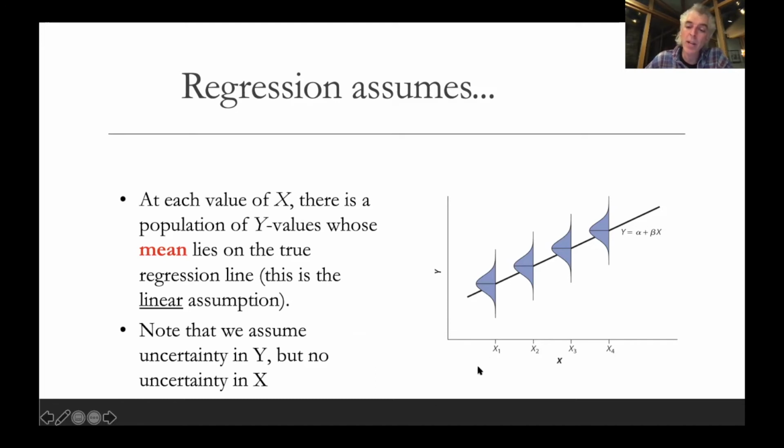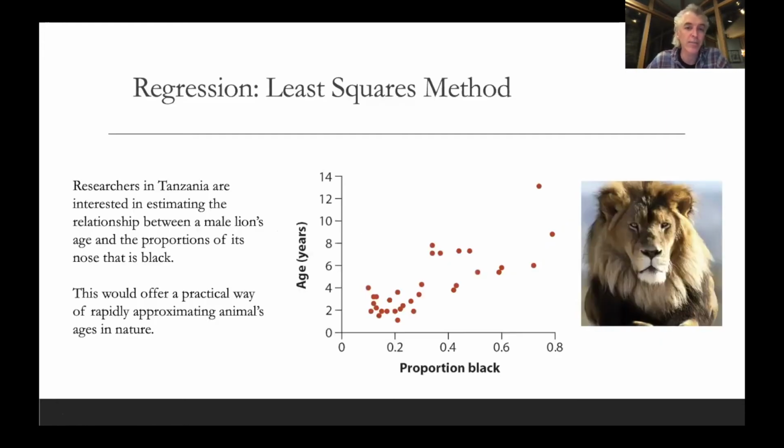So then how do we go about calculating what our estimates of A and B are in our linear regression? Well, for this, let's walk through an example where researchers in Tanzania were interested in estimating the relationship between a male lion's age and the proportion of its nose that's black.